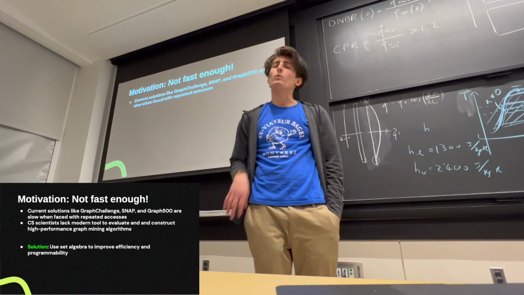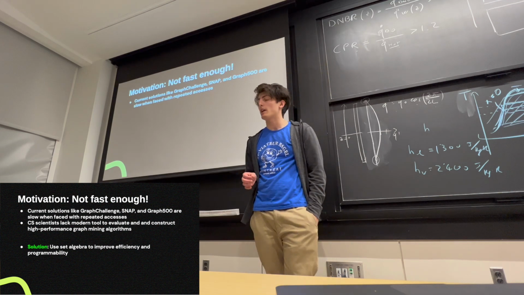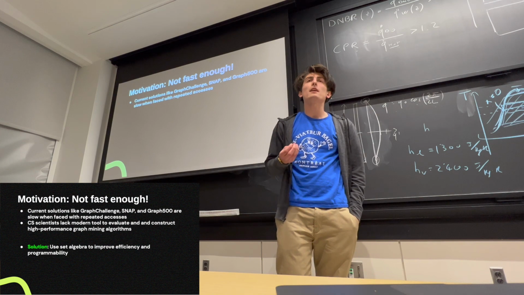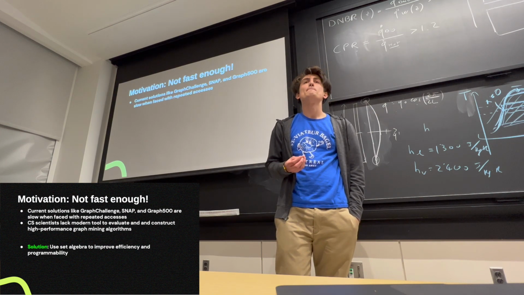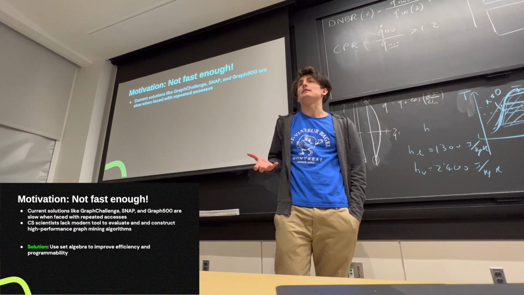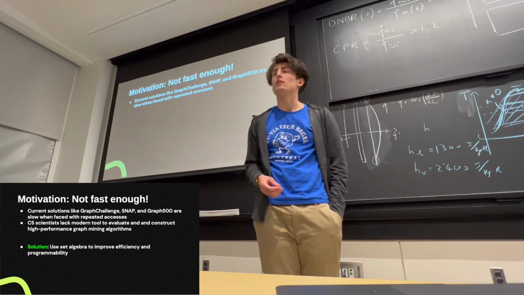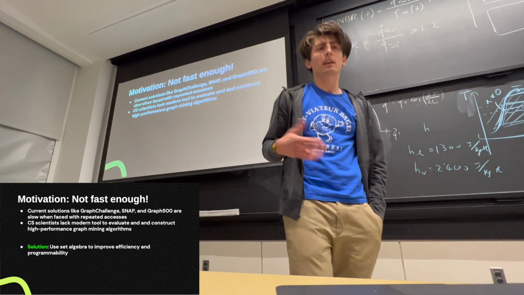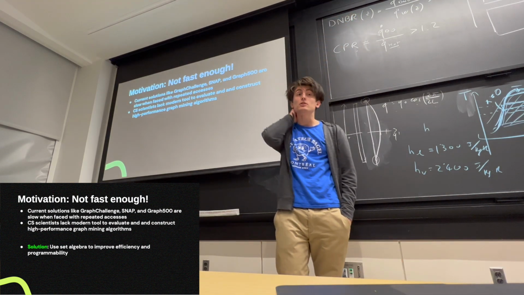The problem with the current solutions for analyzing graph efficiency is that they're not very reliable or scalable, unfortunately. They're a little bit weak when it comes to repeated access, if you're a researcher or a computer scientist. So we need to find a way to get across that and find a better solution.